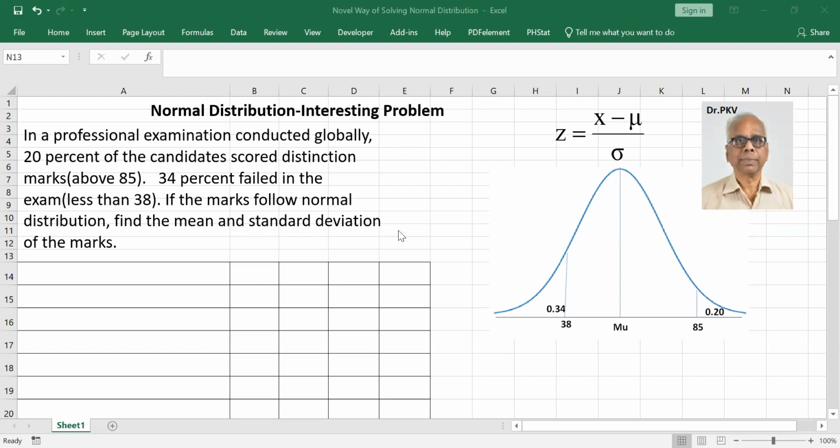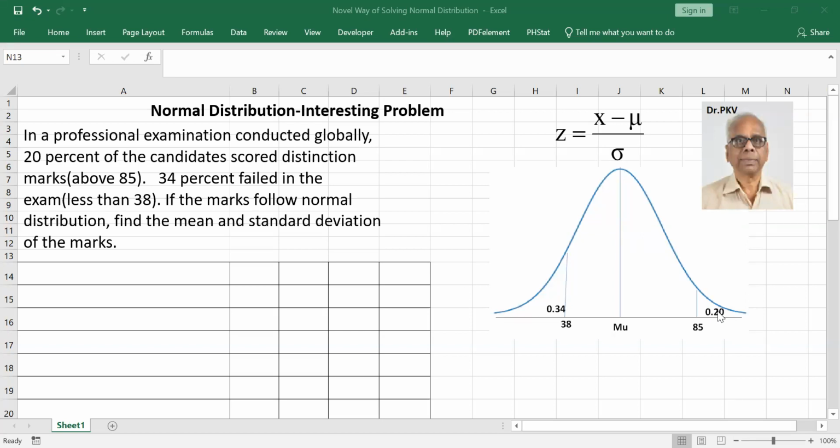Dear friends, in this video, we will discuss a very interesting problem involving the application of normal distribution, where both mean and standard deviation are unknown, and we would like to find the solution in an innovative manner using Excel Solver.